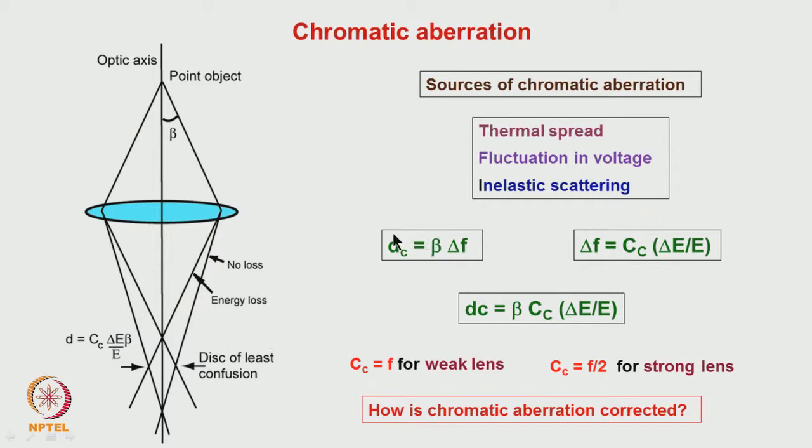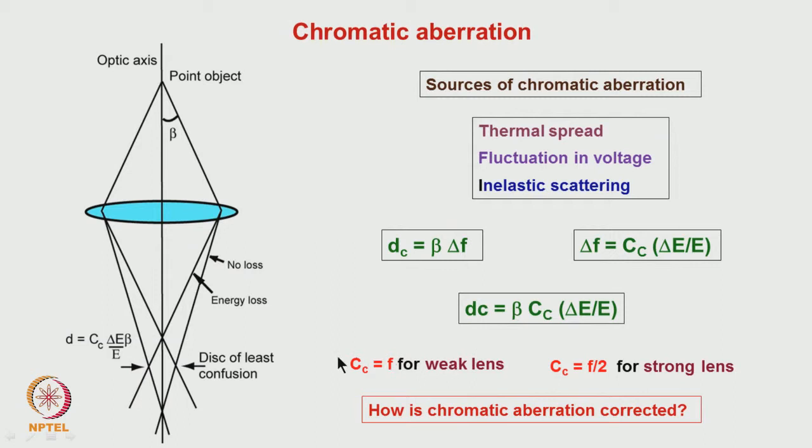The diameter of this disk of least confusion is related to beta, the angle which it subtends with that lens, multiplied by delta f, and this delta f depends upon the chromatic aberration coefficient Cc of the lens times delta E by E, the energy spread.